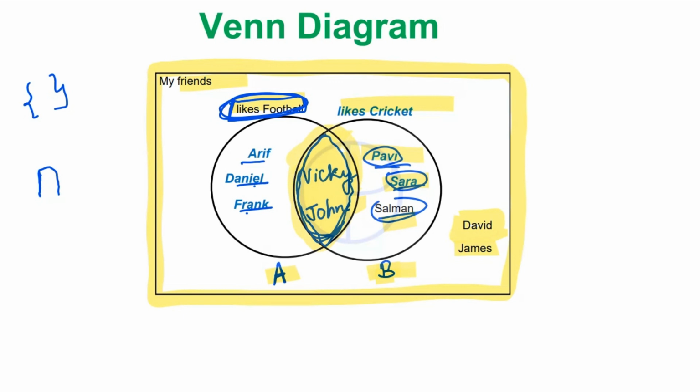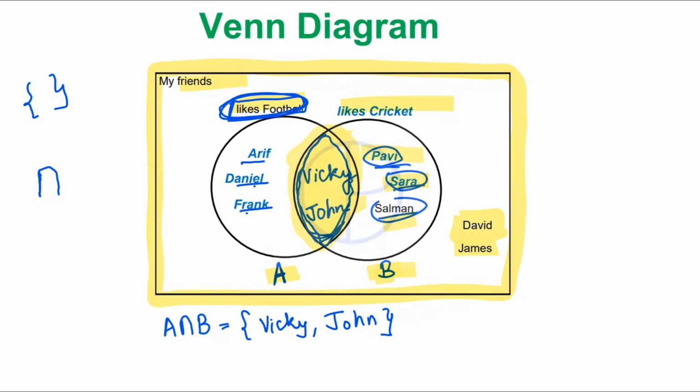So this would be A intersection B equal to, open curly bracket, Vicky and John. In Venn diagrams, you are probably going to see this in set notation.